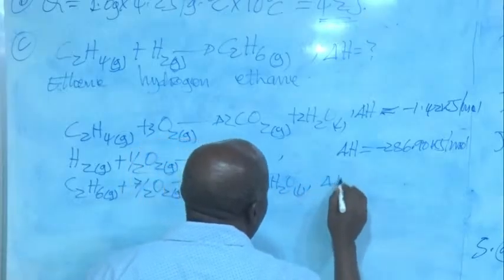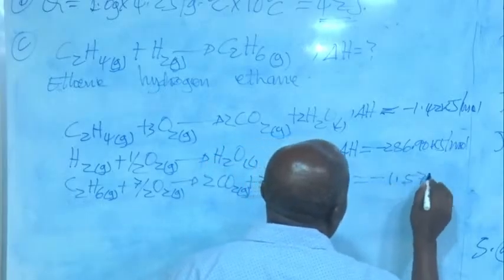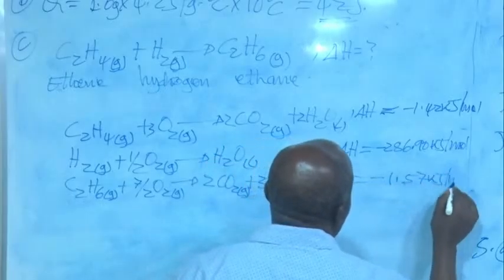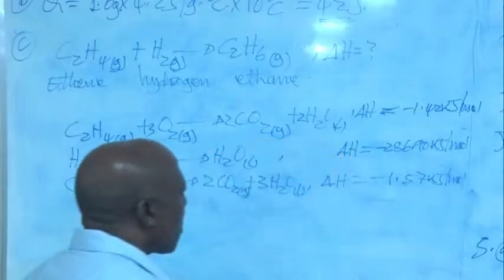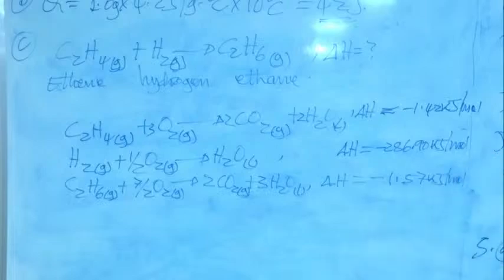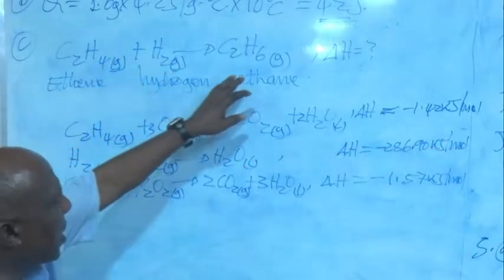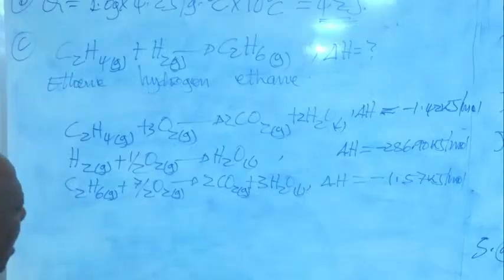Then the enthalpy change here is minus 1.57 kilojoules per mole. So these are the three combustion equations for the 3 materials. But the question is the hydrogenation of ethene to get ethane. So here we have to reverse equation number 3.